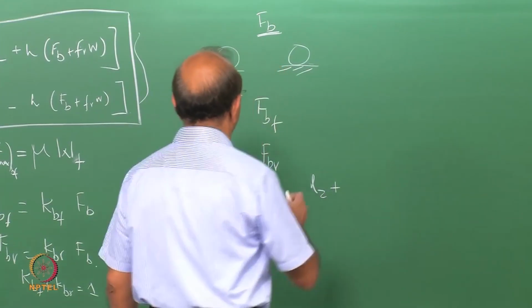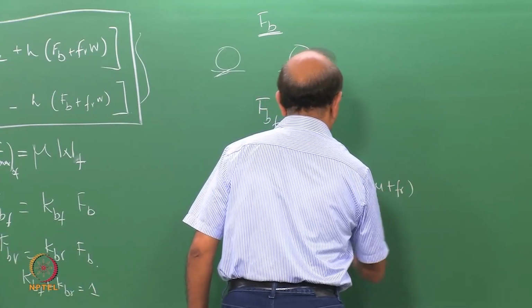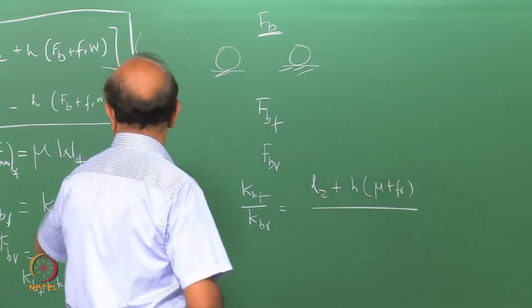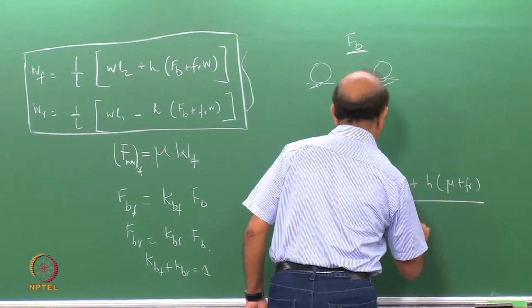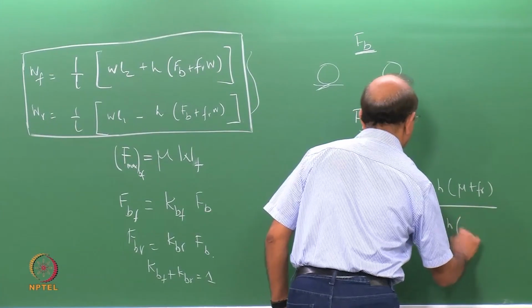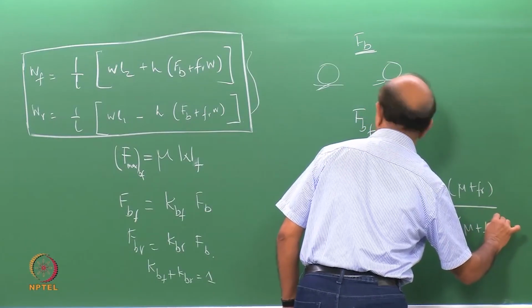So we can write this as plus H into mu plus FR, and WR you can write as L1 minus H into mu plus FR.